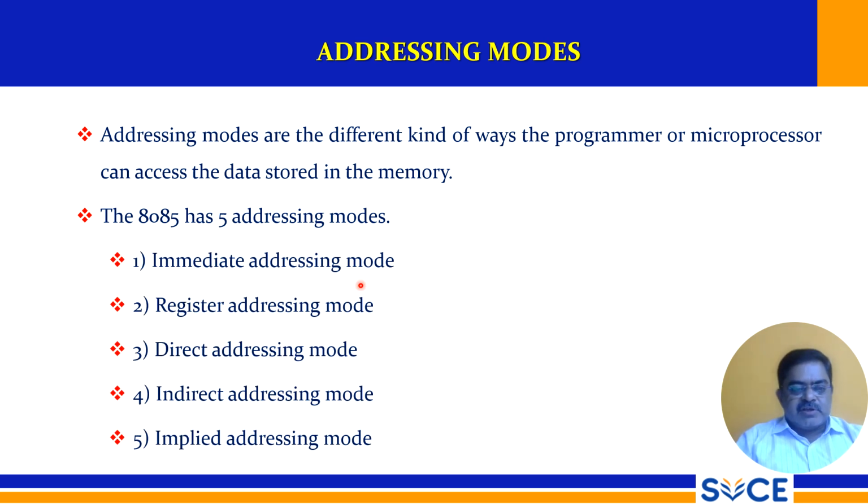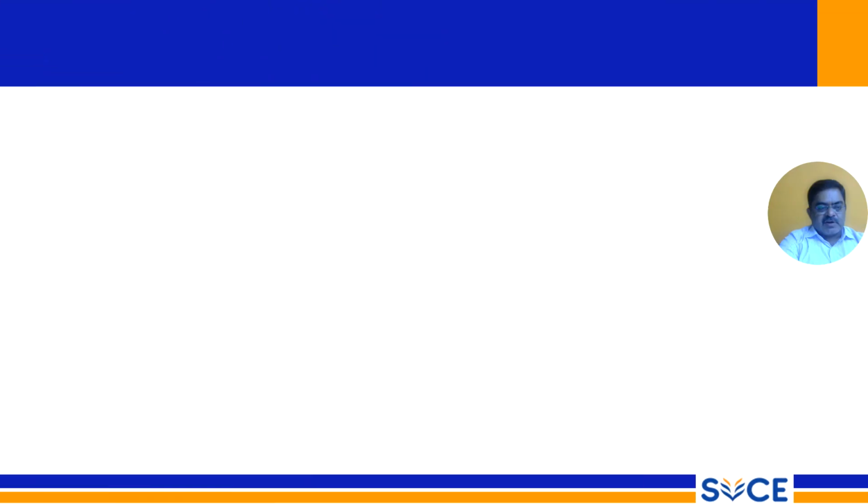The first one is immediate addressing mode, and in class I also told about immediate addressing mode in the 8051 microcontroller. Let us discuss each one in detail. Then register addressing mode, direct addressing mode, indirect addressing mode, and implied addressing mode. These are the five types of addressing modes.